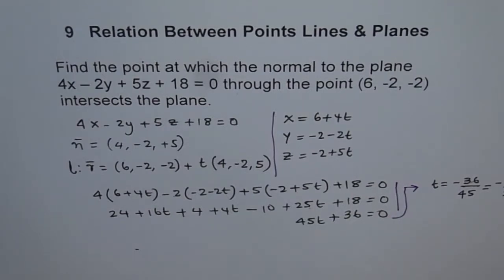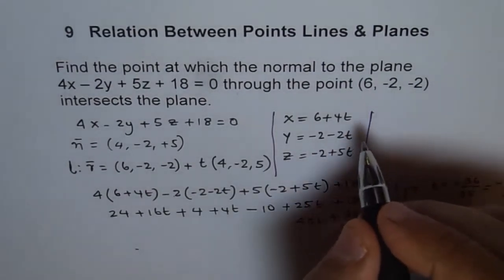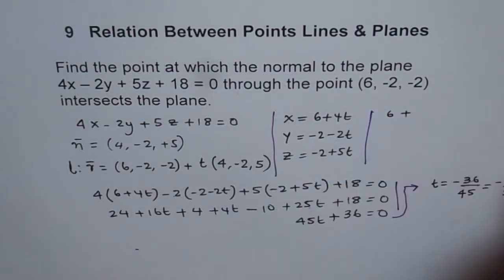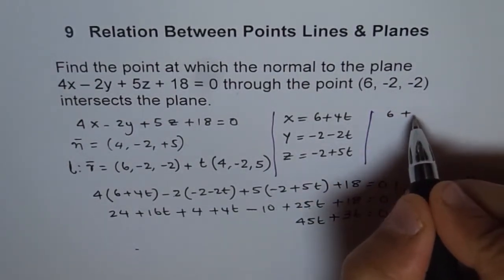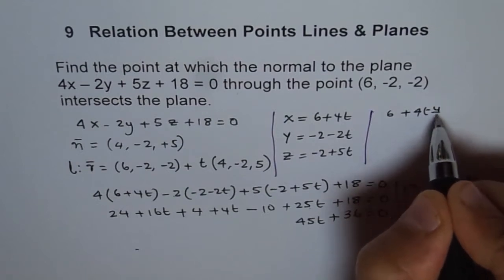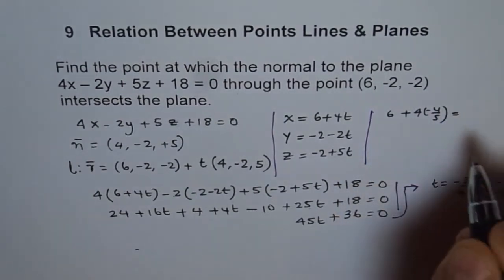Now if we plug in this value of t, we'll get our points. So x is equal to 6 plus 4 times minus 4 over 5, which we can find out.